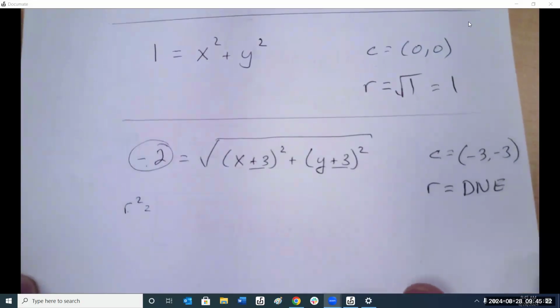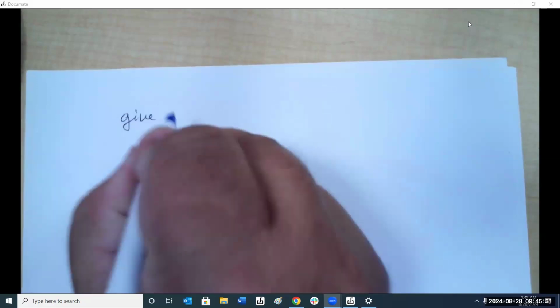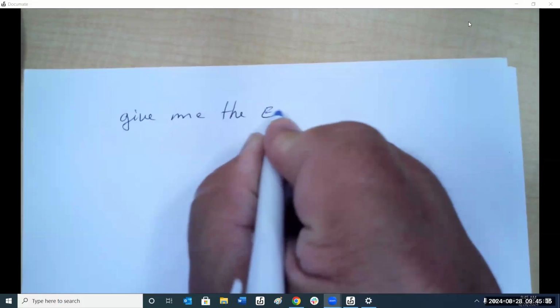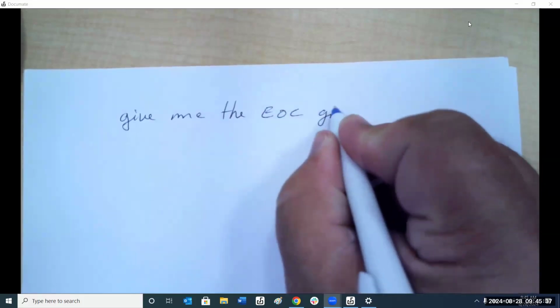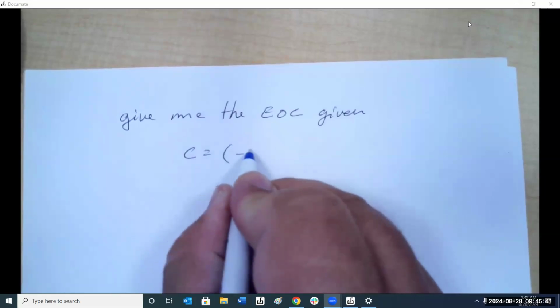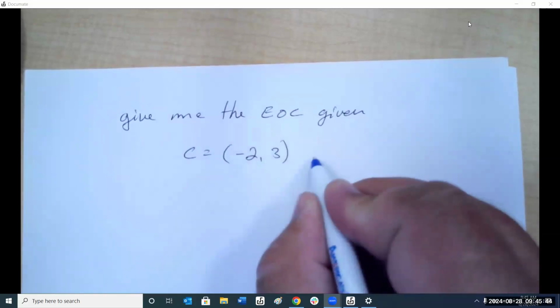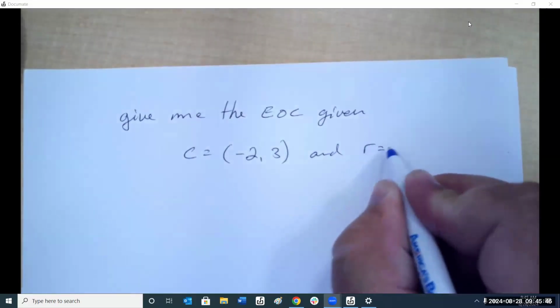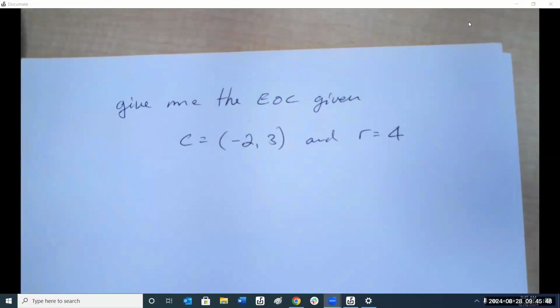Everybody okay with circles? Just takes practice. Okay, how about this? Give me the equation of a circle given the center is at -2, 3, and the radius is 4.